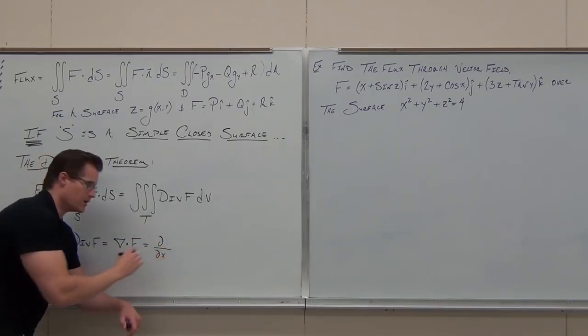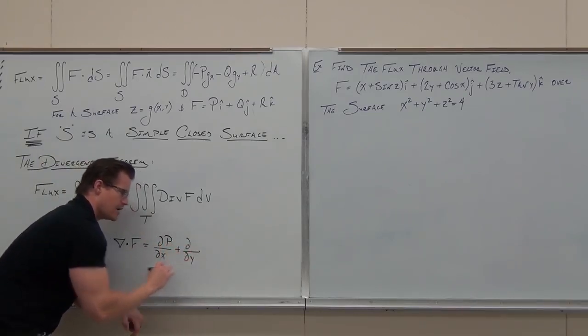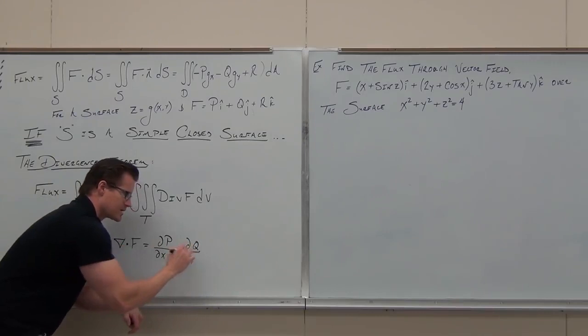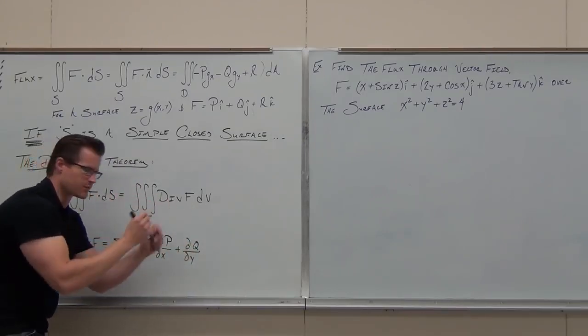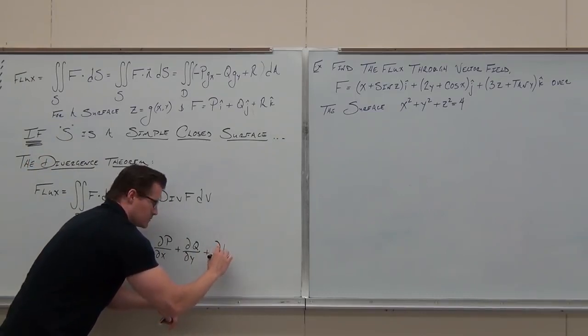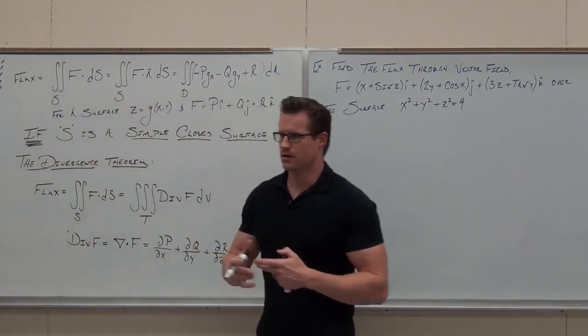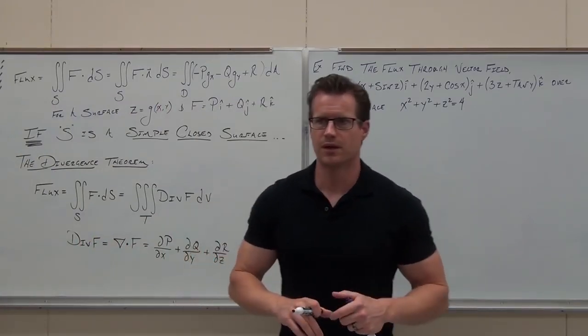Of what? Well, of the P first. Then take the partial derivative with respect to y. Of what? Well, the next thing, the Q. Because it's a dot product, it matches up the components of a vector. And then the partial derivative with respect to z of what? Well, R. That is what divergence always is for a vector field.